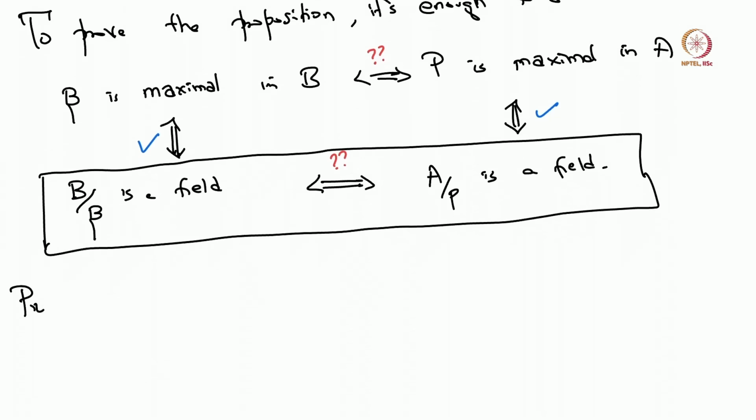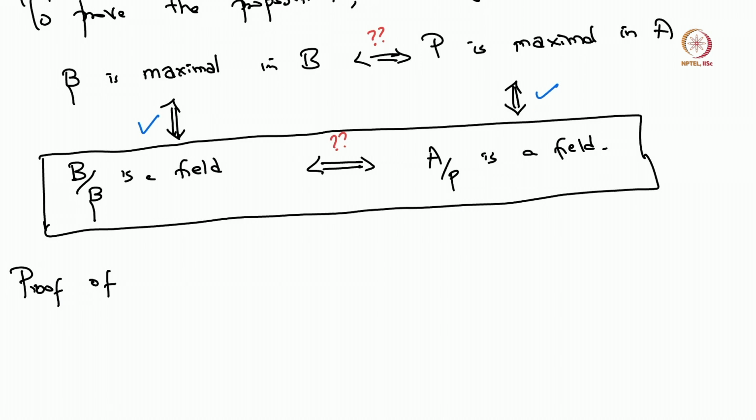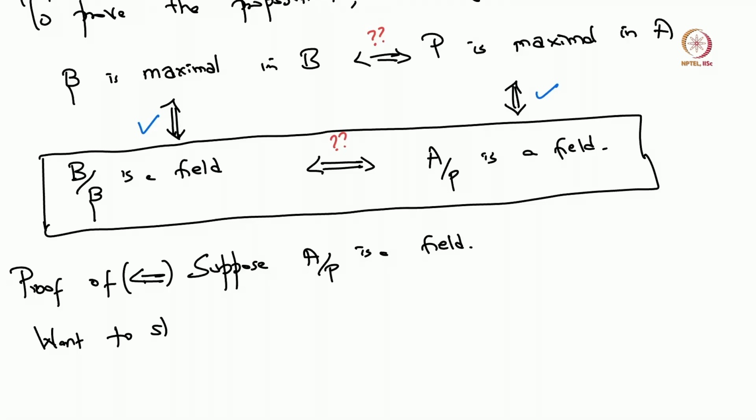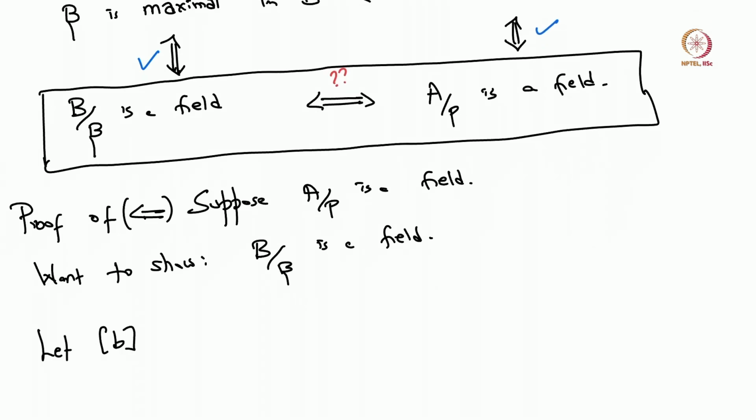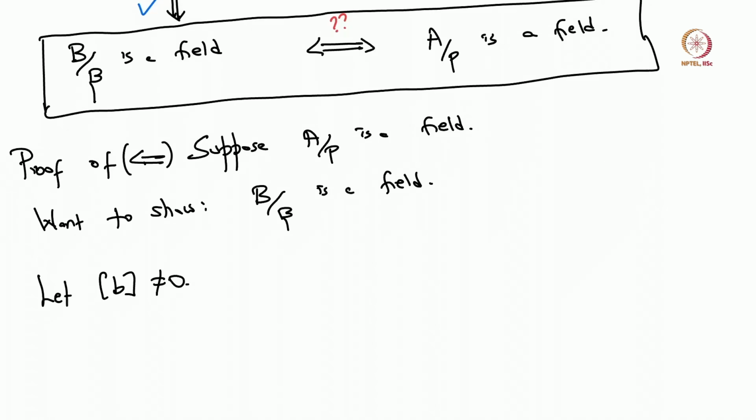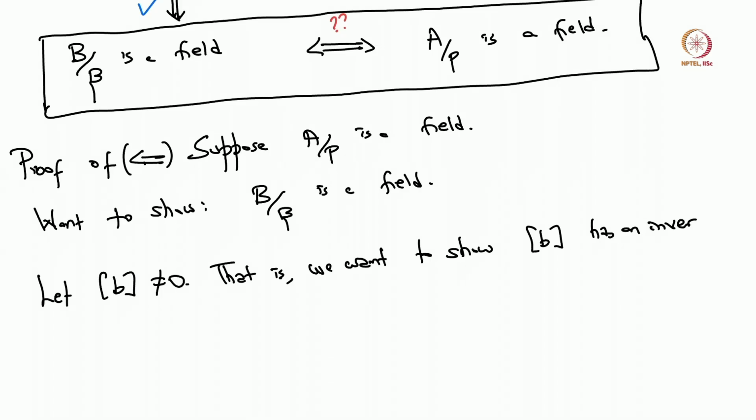Okay, so let's prove the direction. Let's suppose A over P is a field and want to show that B over beta is a field. So what we want to show is that if you take an element in this quotient that's non-zero, it has an inverse in the same quotient.